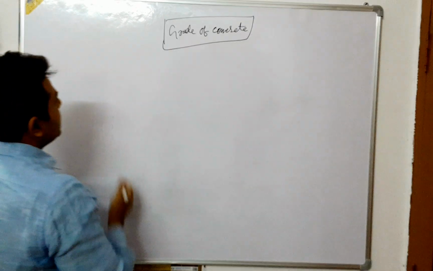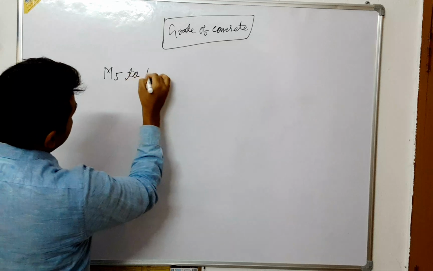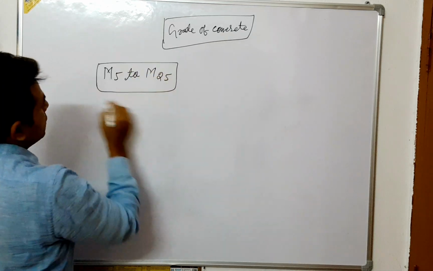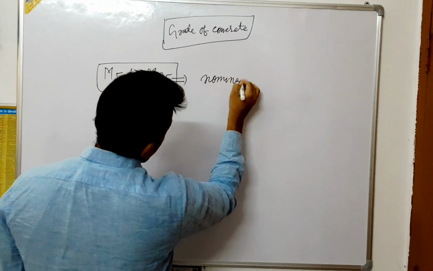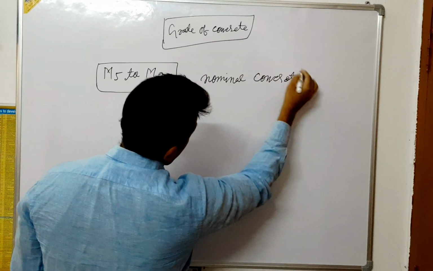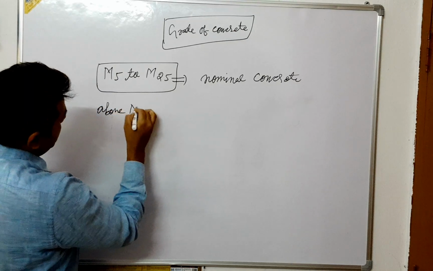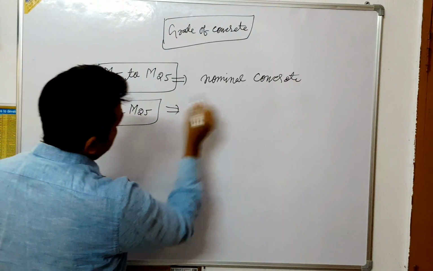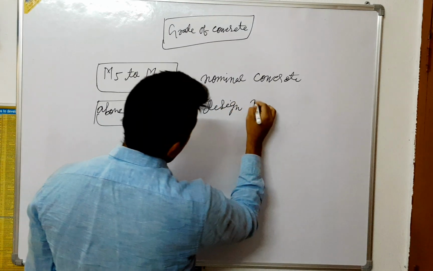So already I said that M5 to M25 grade of concrete is called nominal concrete, and above M25, this is called design concrete.